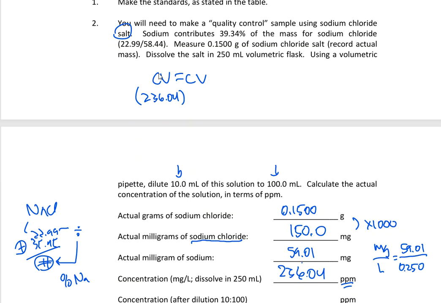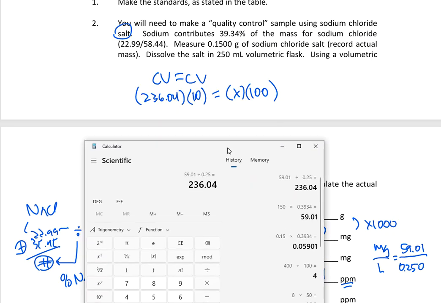And we have taken 10 milliliters of that solution and we have diluted that to a total of 100 milliliters as a final volume. So there's the setup for the dilution equation, and I need to solve for x, and x will be the concentration after this dilution takes place.